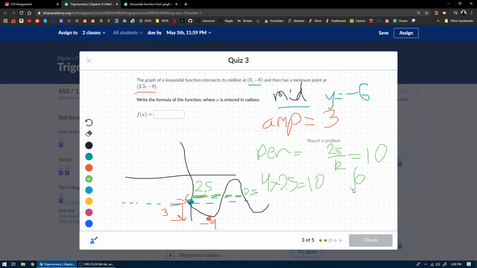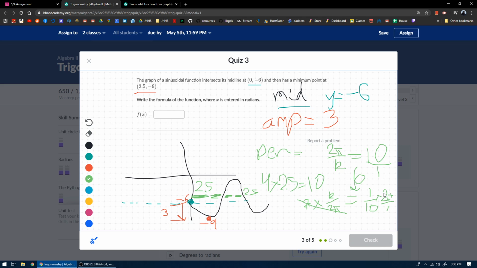K over 2 pi is equal to 1 over 10. Now we can multiply both sides by 2 pi. 2 pi on the top, 2 pi on the bottom, they cancel.